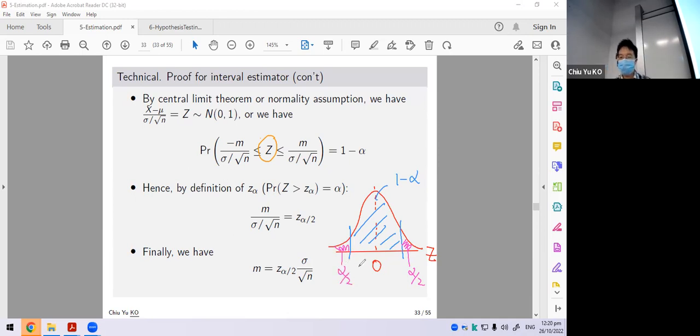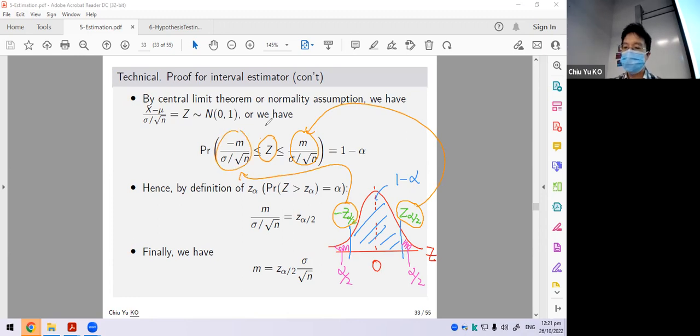And one more step, the last step: if this is alpha over 2, we write it in notation as z alpha over 2. This is negative z alpha over 2. And now that's done, because this guy is supposed to be here, and this guy is here.